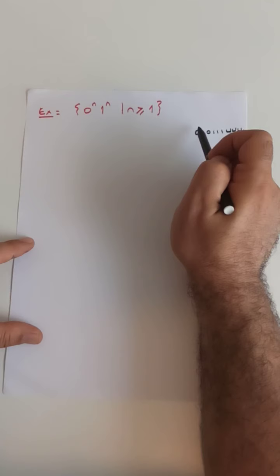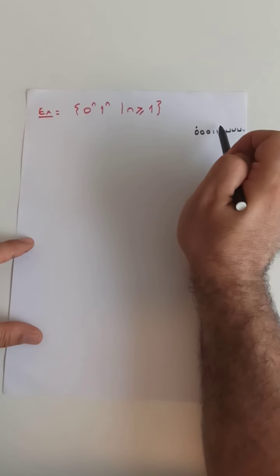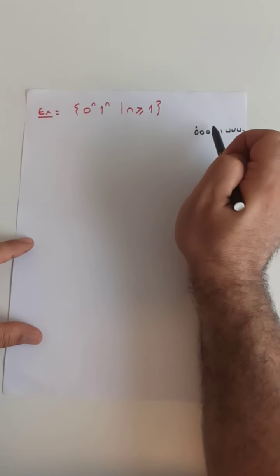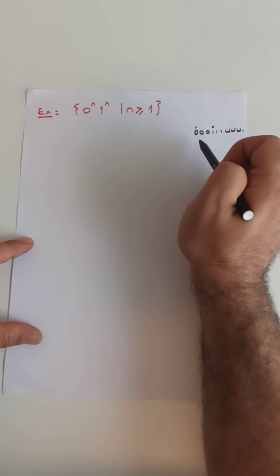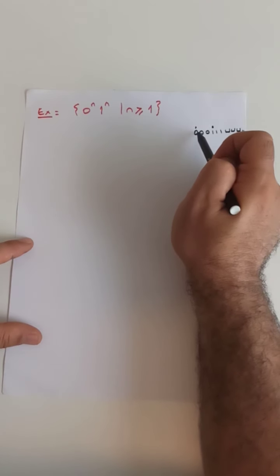Iteratively, we will do the following. Mark a 0, so let's say we mark it with a dot. Keep on moving right until you find a 1 corresponding to the 0 that you have just marked, and mark that 1. Okay, and now go all the way to the left until you find the first unmarked 0.